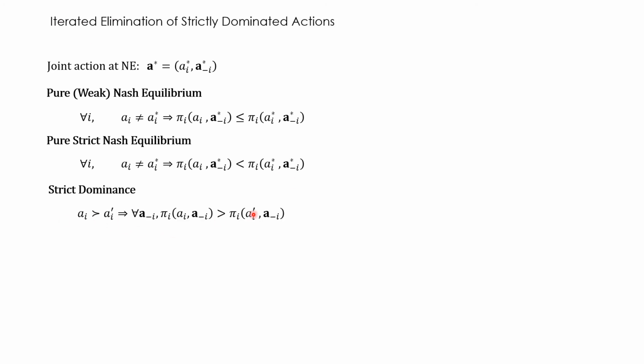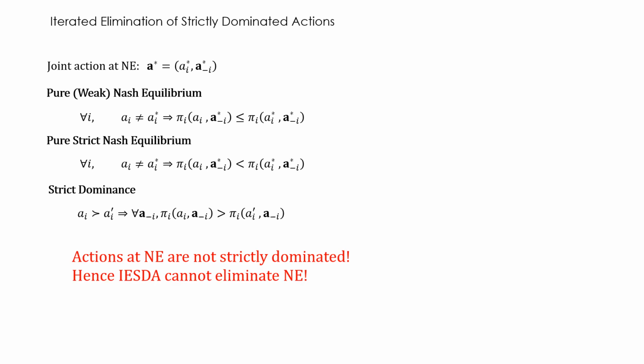Let's recall the condition for strict dominance. a sub i strictly dominates a prime sub i if for all joint opponent actions the payoff with the dominating action is greater than the payoff with the dominated action a prime sub i. Now, actions at Nash equilibrium are not strictly dominated.